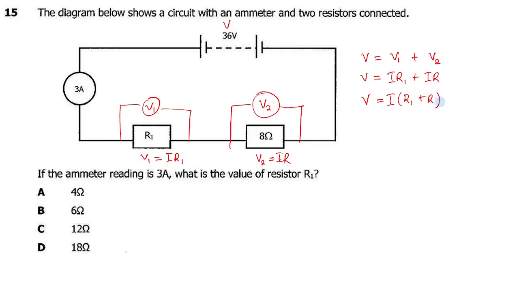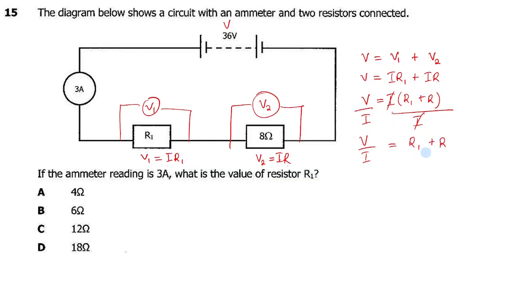Then since we are looking for this, we'll get rid of the I, so we'll divide this side by I, also this side by the I, the current, so that one goes. So we'll have voltage divided by I is equal to R1 plus R, like that.